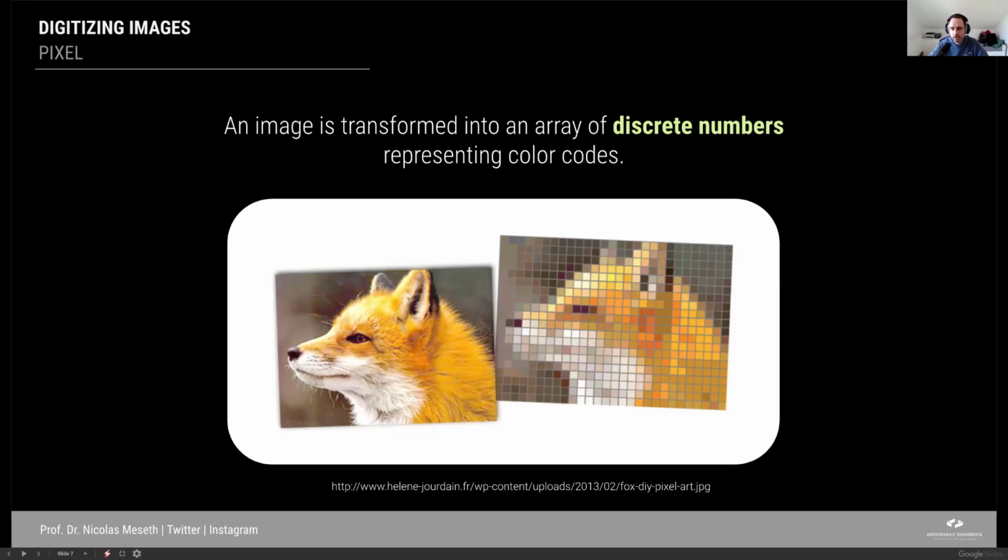And last time we have seen what we mean by a color code. So for example, the RGB code. And basically here again, if you have more pixels, the file will become larger, the quality will be better, so it's closer to the real world.